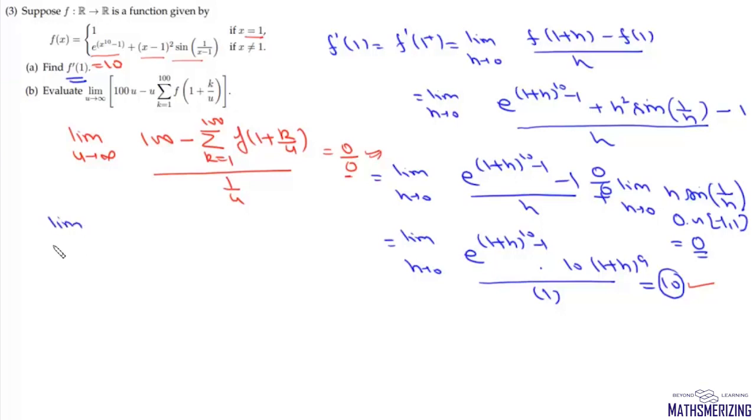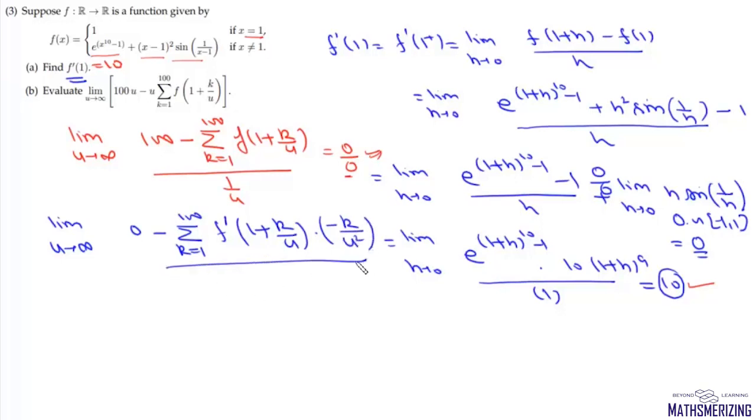Alright, limit u tends to infinity. Now this is 0 minus the summation k varies from 1 to 100 of f dash (1 plus k upon u) into the derivative of k upon u. So it will be minus k upon u square divided by minus 1 upon u square. Now 1 upon u square and 1 upon u square will cancel.